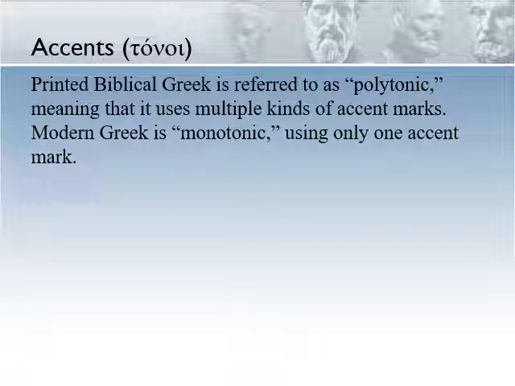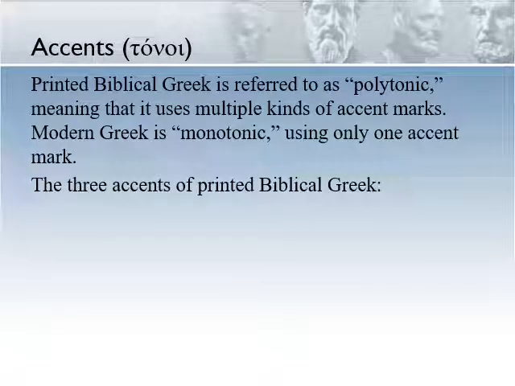So we are looking at something a little bit different in our printed texts of the Greek New Testament than you will find in modern Greek. But we do have three different accents that are used. The Greek word for an accent is a tonos, or in the plural, tonoi.